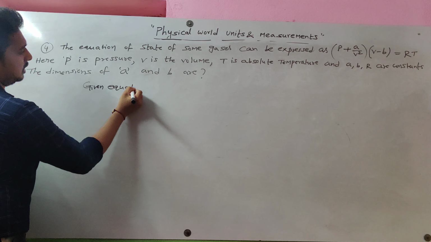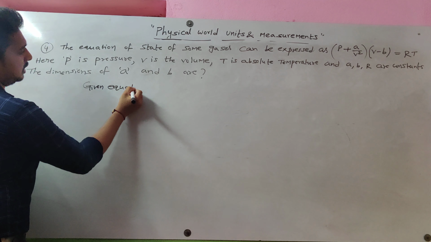Dimensions of P is equal to dimensions of A by V square. What is the dimensional formula for pressure?